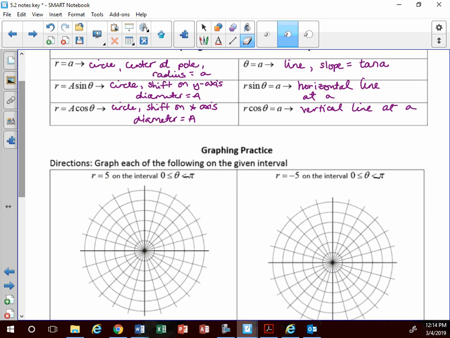Remember that first one, we're talking about slope is whatever tangent of that angle is. Feel free to write exactly what I have or write it in your own words, whatever makes the most sense to you, okay? And if you need me to read any of that to you, let me know, like if you can't read what I wrote.